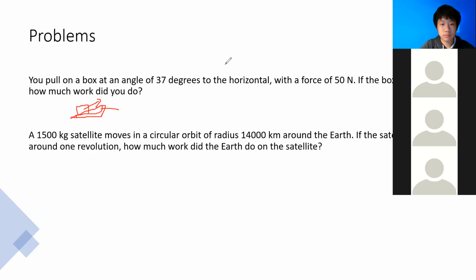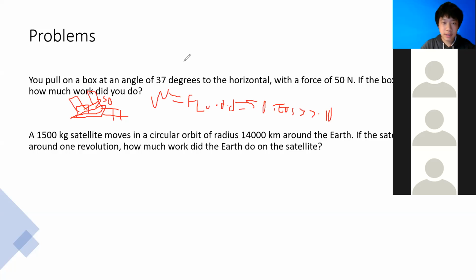So you have a force of 50 newtons pulling, and work is equal to force cosine theta times distance. So you just have 50 times cosine 37 times, I think it's 10. Yep. And that's the answer. And in the end, you would get 399.3 joules.